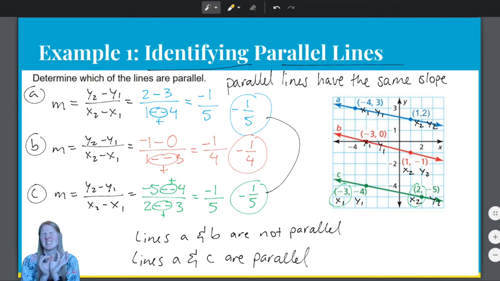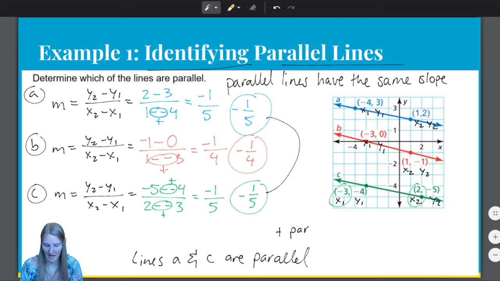And now we don't need to list off all the combinations. A and B are not parallel, B and C are not parallel, A and C are parallel. You really just need to say lines A and C are parallel, the rest aren't.